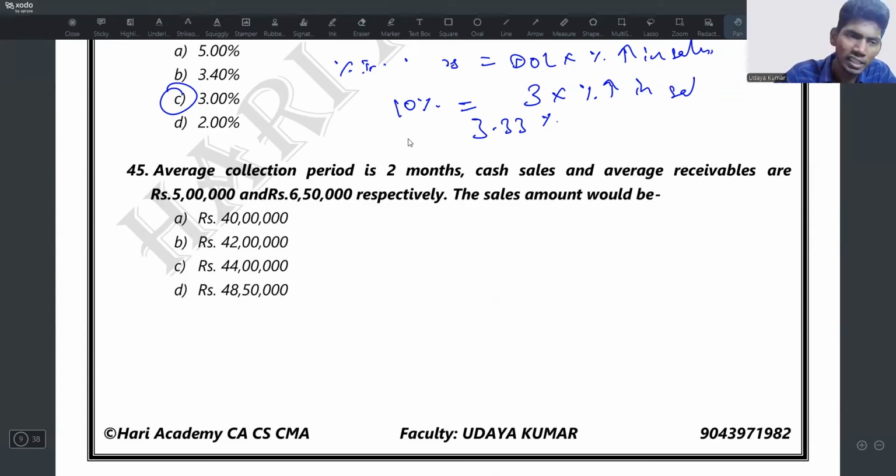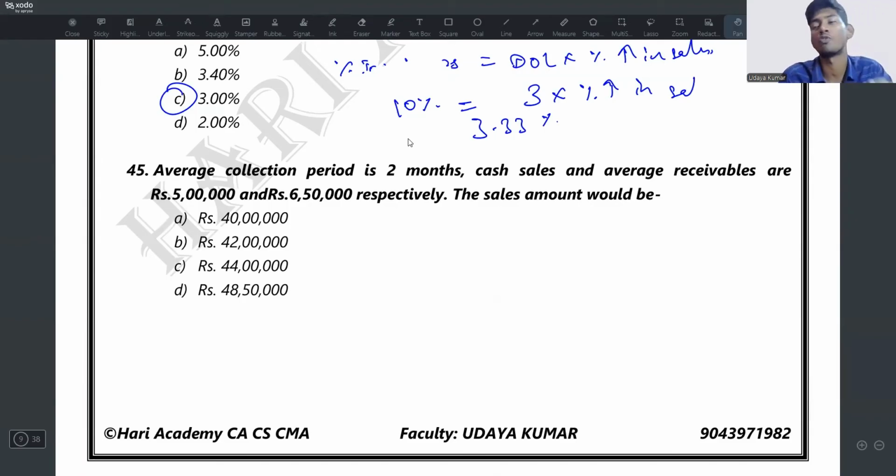Total sales. Total sales is nothing but credit sales plus cash sales. So first you need to calculate what credit sales we have made. In order to calculate the sales, you must be able to arrive at the receivables turnover ratio. The data given is average collection period of 2 months, cash sales 5 lakh, and average receivables 6 lakh 50,000.